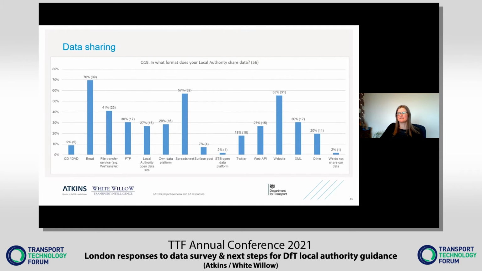This was interesting. The methods used to share data are fairly traditional for the majority, so things like email and spreadsheets, but a quarter do mention open data website, XML, APIs, that sort of thing. Okay, and the next slide.